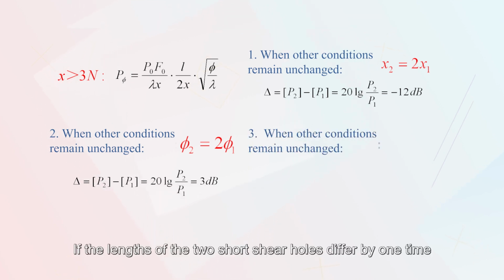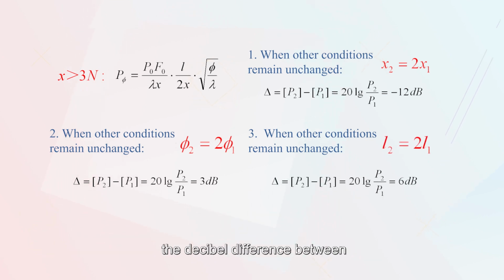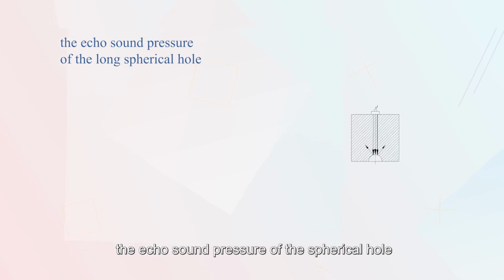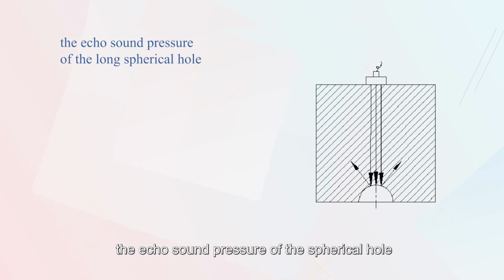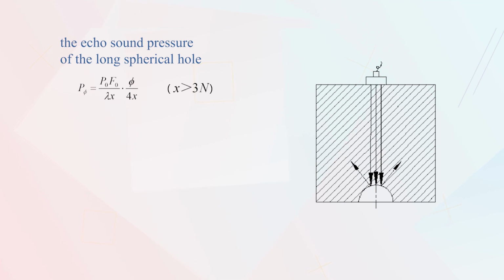If the lengths of the two short shear holes differ by 2 times, the decibel difference between their echo sound pressures is 6 decibels. Fourth, the echo sound pressure of the spherical hole, as the picture shows.